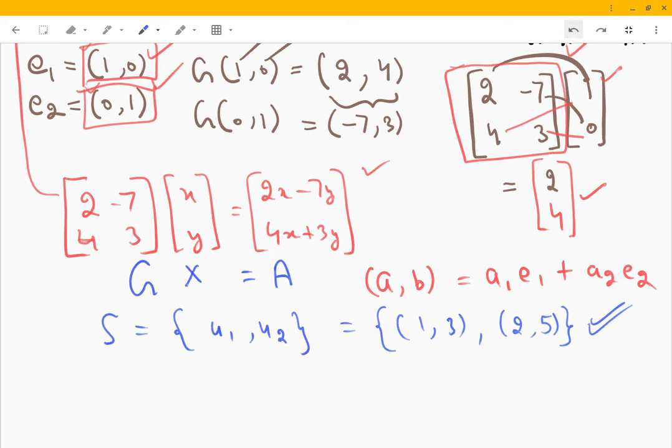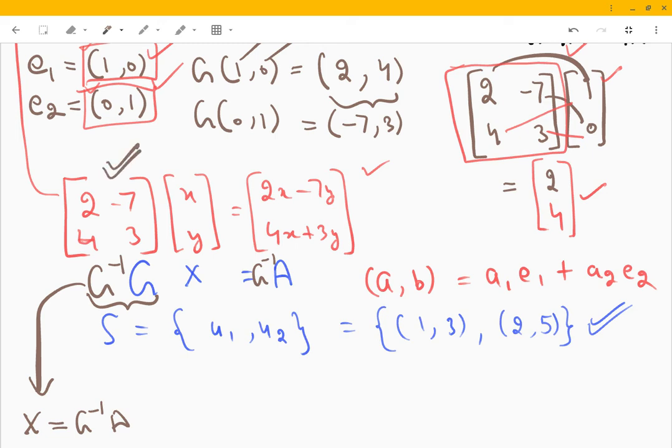If you multiply G inverse on the left side, then this will become identity, and what we are left with is X equals G inverse A.